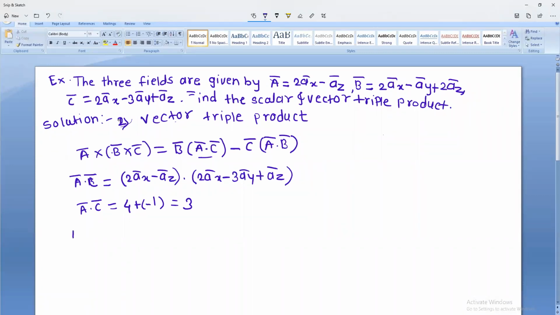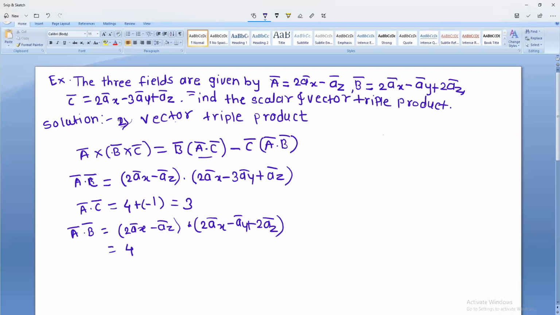Similarly, find A bar dot B bar also. So what is this A bar dot B bar? A bar is 2A bar X minus A bar Z, dot product with B bar, which is 2A bar X minus A bar Y plus 2A bar Z. So 2 into 2, 4.